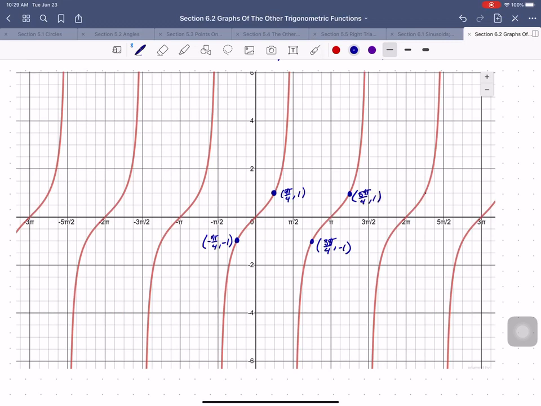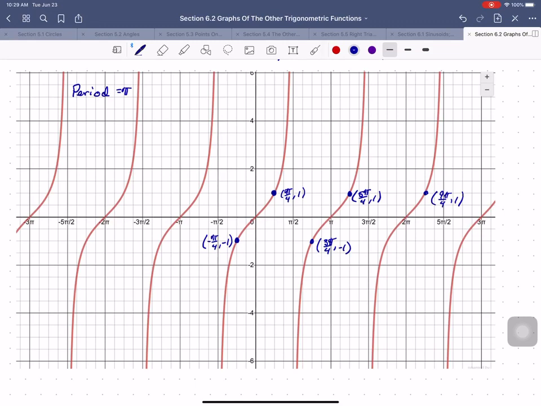And if we keep going, this is 9 pi over 4, 1. What you're seeing is that tangent repeats itself every pi units. So the tangent function has a period of pi, as opposed to 2 pi for sine and cosine. So this is a little different, a little unique, and we need to remember this.